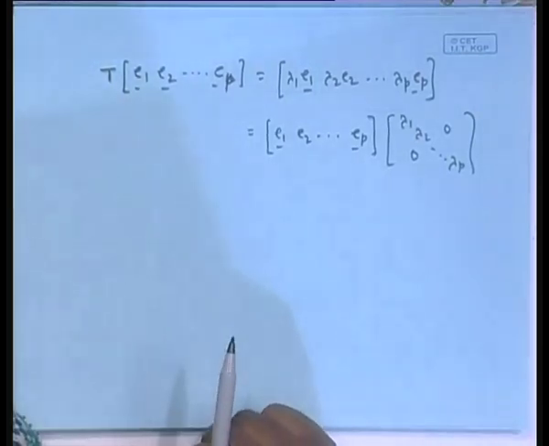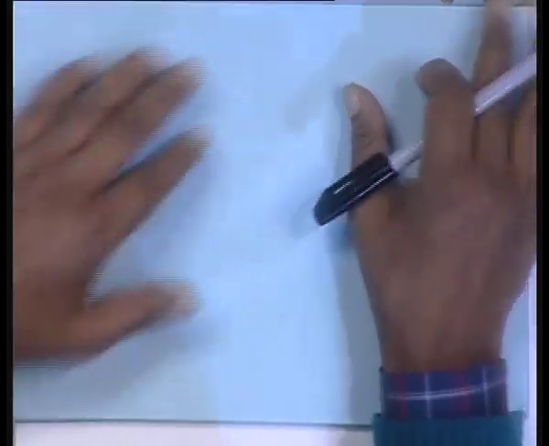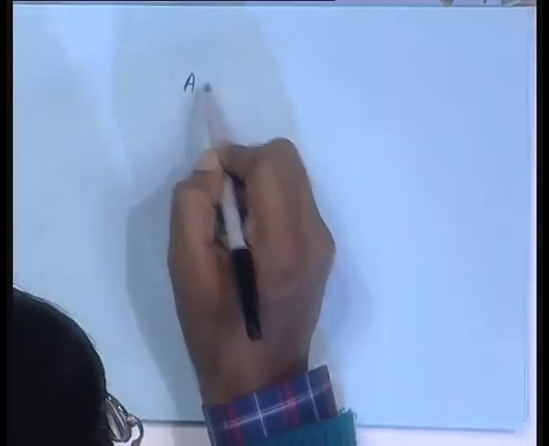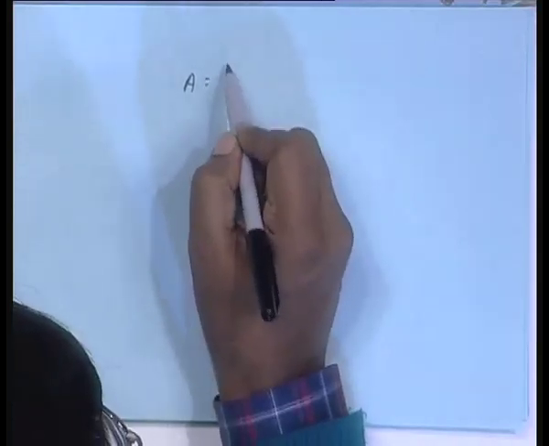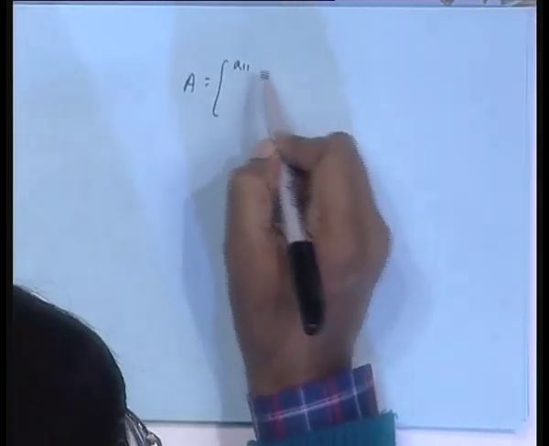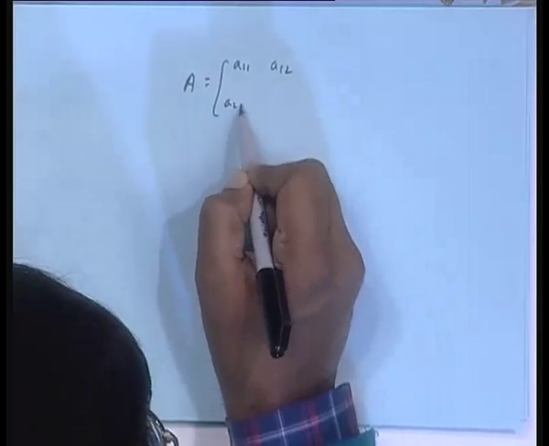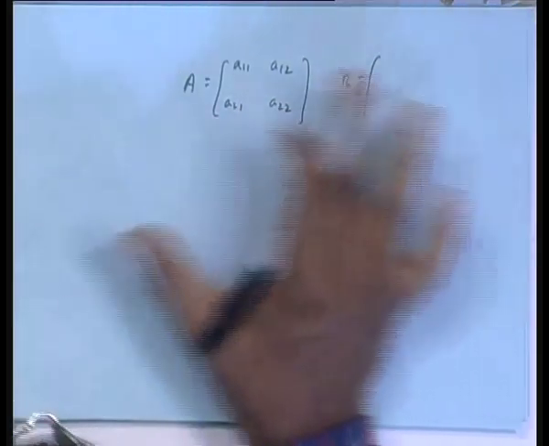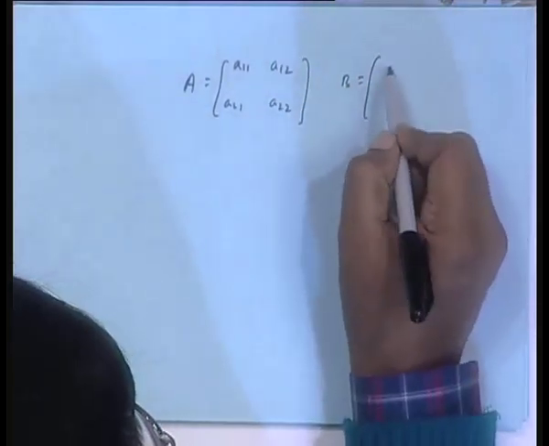When you do matrix into matrix multiplication, how do you do it? Suppose A and B are two matrices. I come back to some rough work now for your benefit. I am trying to give you some extra things regarding basic matrix operations. Suppose you are given one matrix A, with elements A11, A12, A21, A22, and another B. I am taking 2 by 2, from that you will see what I am trying to mean.